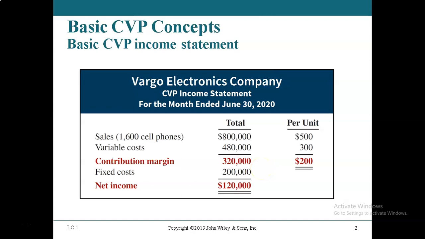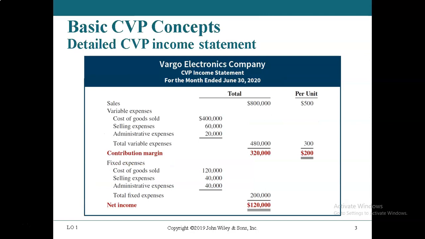Now, this is a basic cost volume profit income statement. Here's a more detailed version. So this is basically the same idea as before. In this example, you can see sales are 800,000. Variable cost is 480,000. Contribution margin is 320,000. You have your fixed cost, 200,000, and net income. Now, what they do here is they break everything into variable cost and fixed cost.